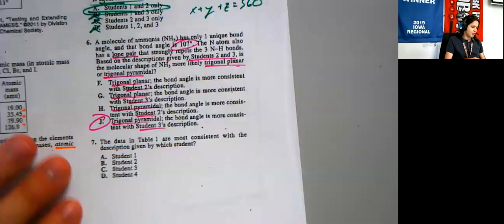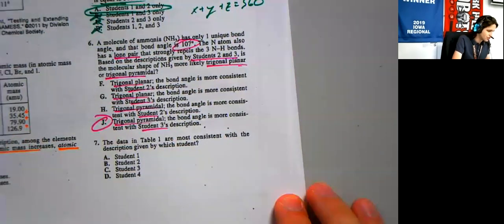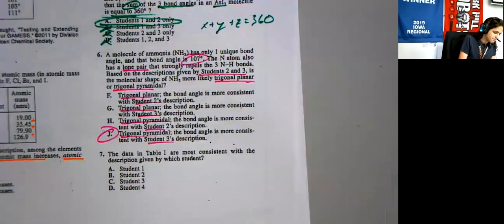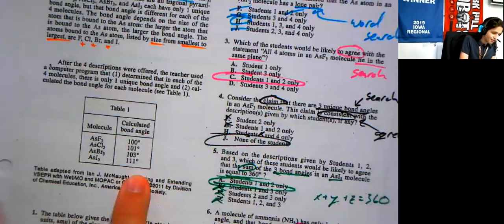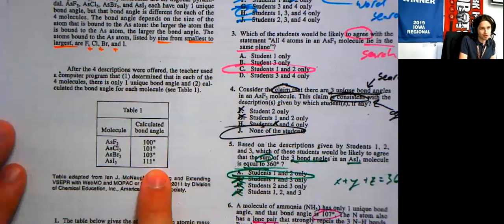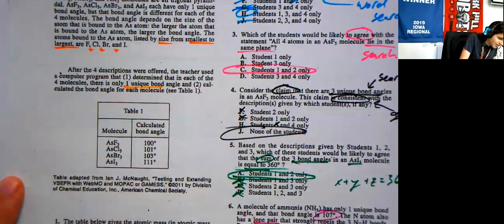Last one, the data in table 1 are most consistent with the description given by which student? Table 1's right here. After the 4 descriptions were offered, the teacher used the computer program that determined that in each of the 4 molecules there is only one unique bond angle and calculated those angles.